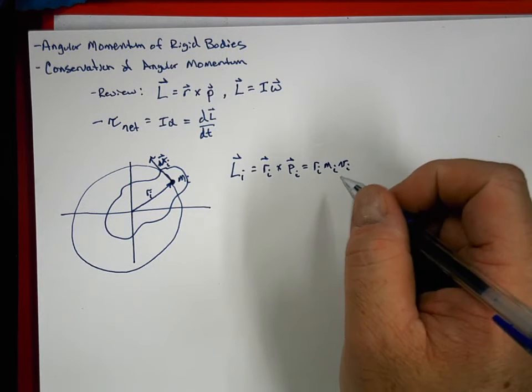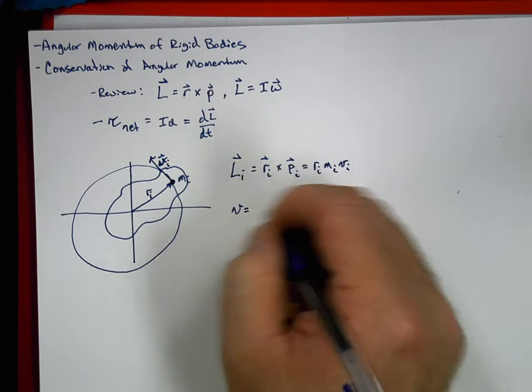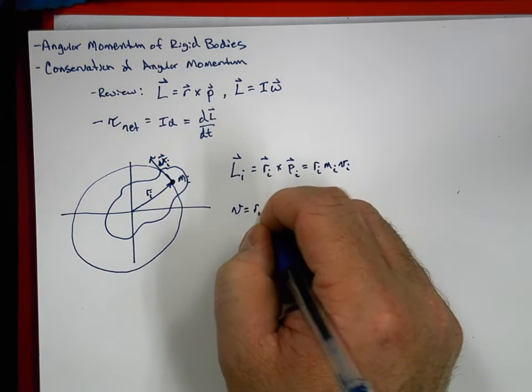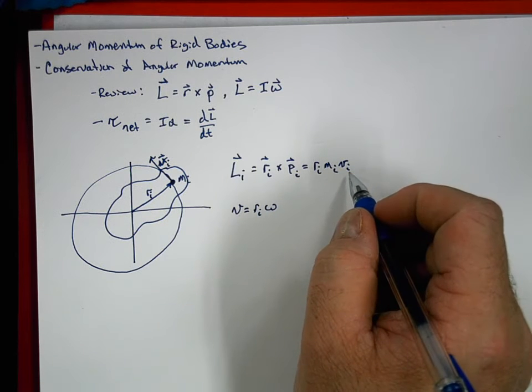We know this because our velocity also equals r_i omega.